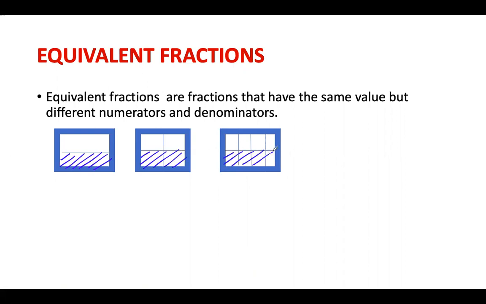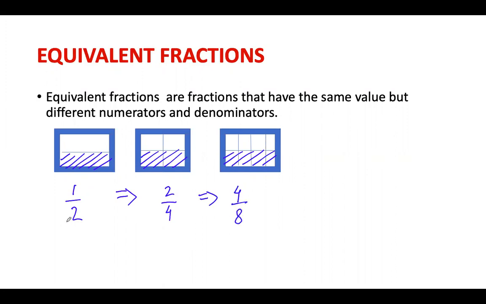Equivalent fractions are fractions that have the same value but different numerators and denominators. For example, we can write it as 1 out of 2, because one is the shaded part and it has two parts, right? And it is represented as 2 out of 4, and 4 out of 8.